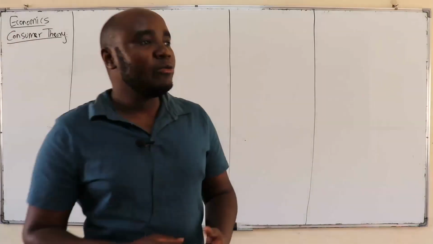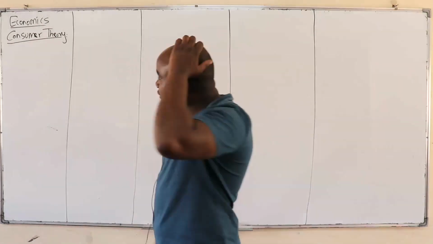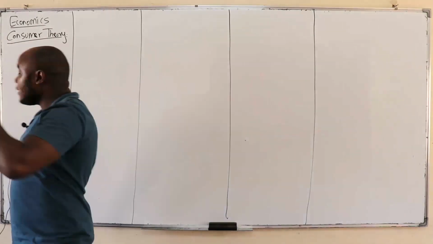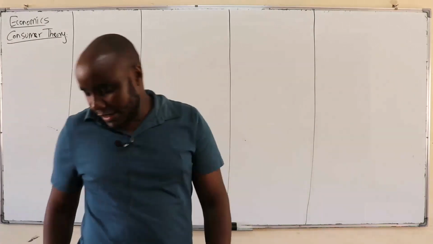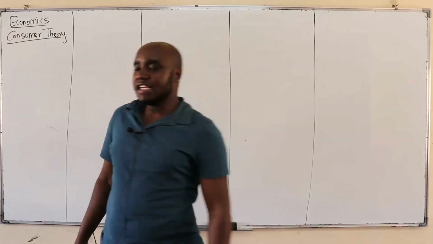And we came across two theories: theory number one was the cardinalist theory, and theory number two was the ordinalist theory.